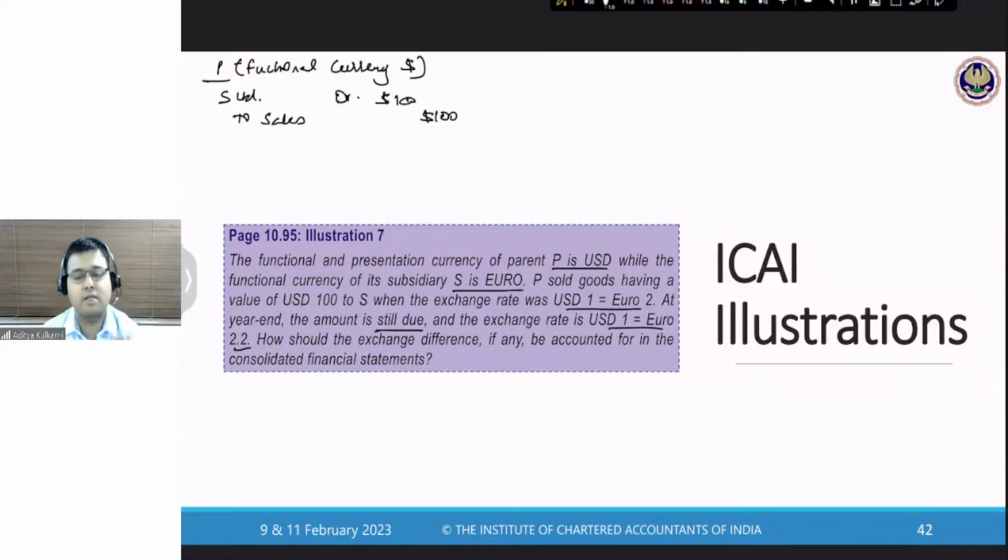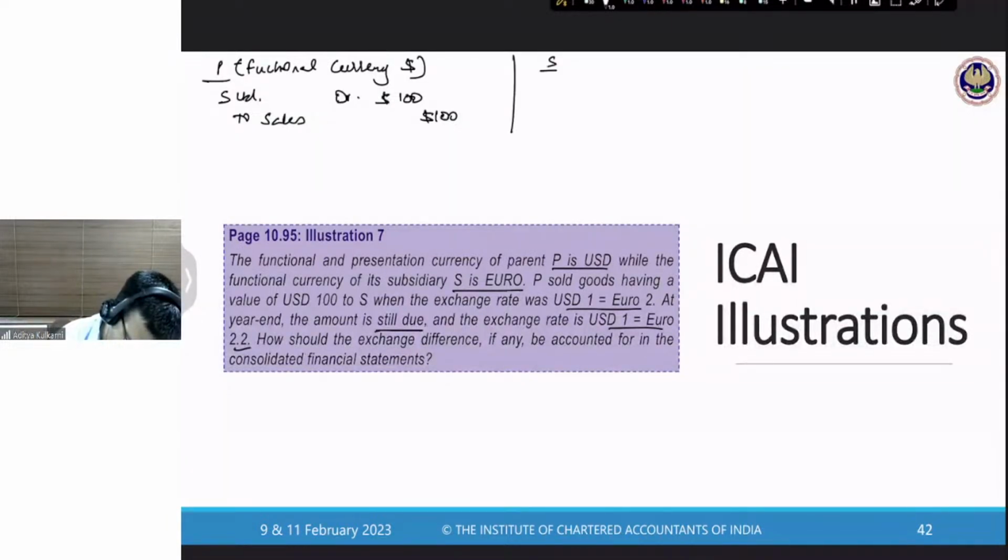This will continue to remain at 100 even on the balance sheet date, because my functional currency is US dollars only. So what am I going to translate? I'm not going to translate anything. I am denominating my sale in my own functional currency.